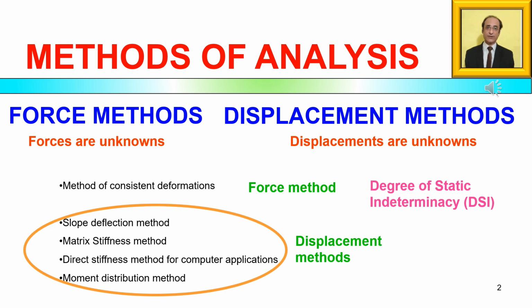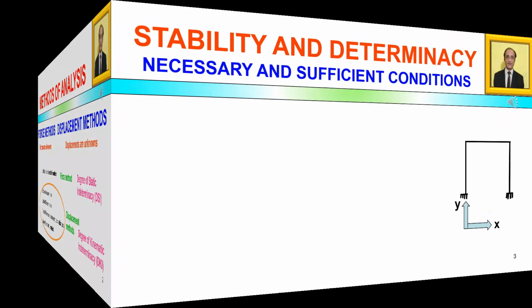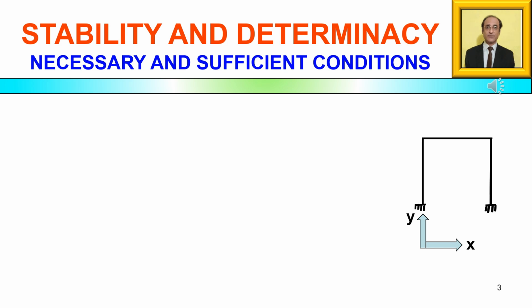Similarly, in the displacement method, we need to work out the degree of kinematic indeterminacy. Let us review these aspects. Let us study the stability and determinacy aspects, especially with regard to the necessary and sufficient conditions.